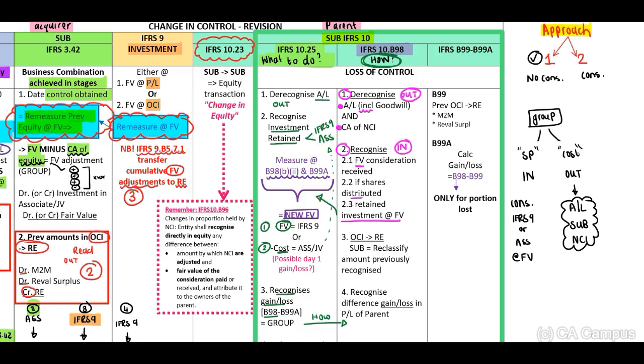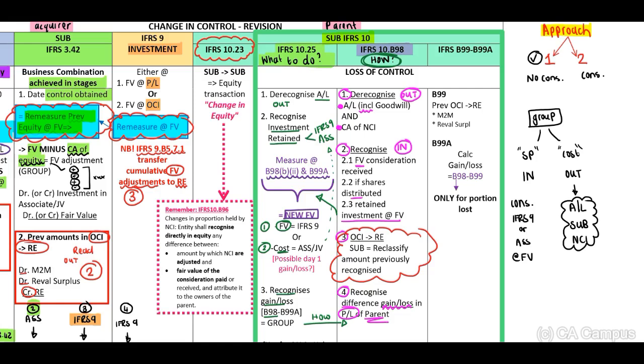And then number 3, if there are any OCI amounts, again, you need to transfer this to retained earnings. And then number 4, recognize the difference in terms of your gain or loss in the profit or loss of the parent. Okay, so look at this, guys.